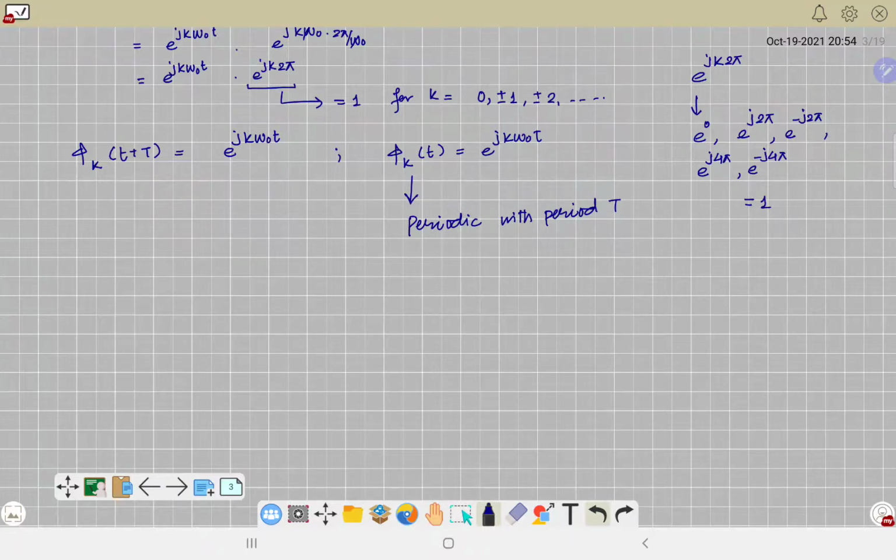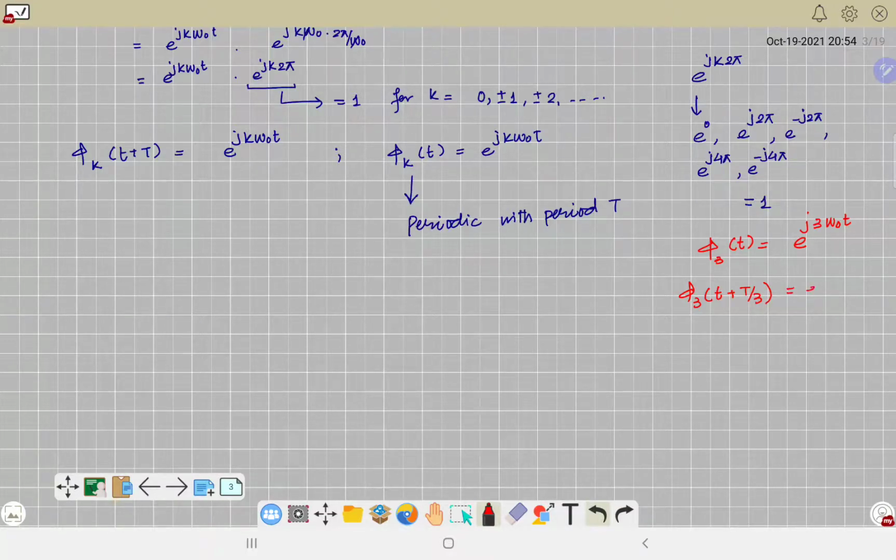frequency is. So just as an example, if I take this signal phi 3 of t, where the value of k is 3, it will be e raised to the power j 3 omega naught t, fine. And we'll do one thing, we will do phi of 3 at t plus T by 3.